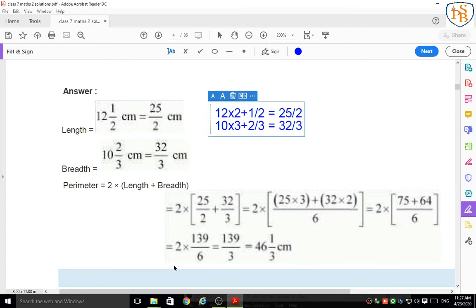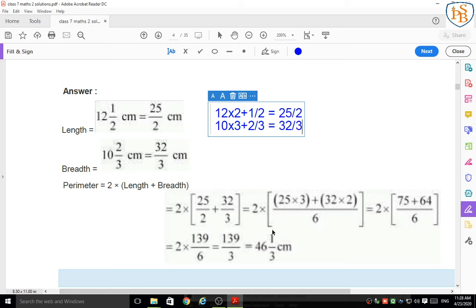Okay, now look at here, this 2 and 6 are cross numbers, so easily I can divide them. So 2 1s are 2, 2 3s are 6. So now the denominator becomes 3. So 139 upon 3, and now we have to convert that improper fraction into a mixed fraction. So first we have to do division. We have to divide this 139 by 3, and by completing the division process we get the answer. That quotient is a whole number that we have to write at the middle place.